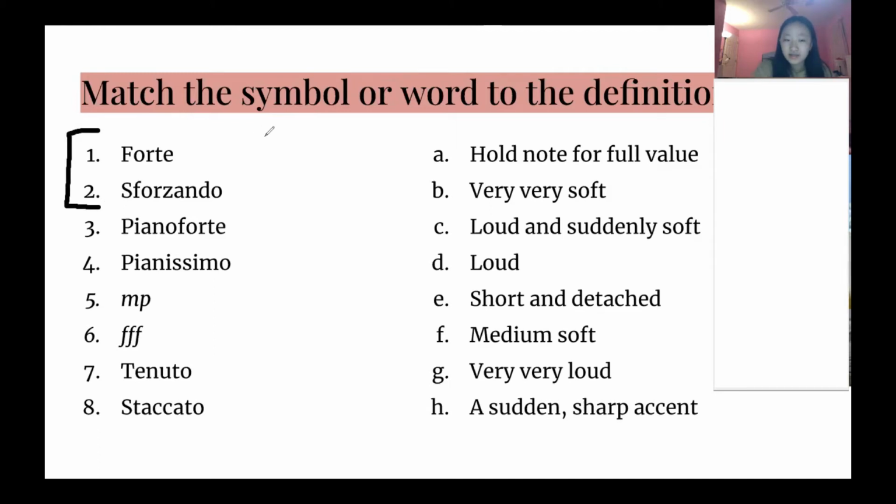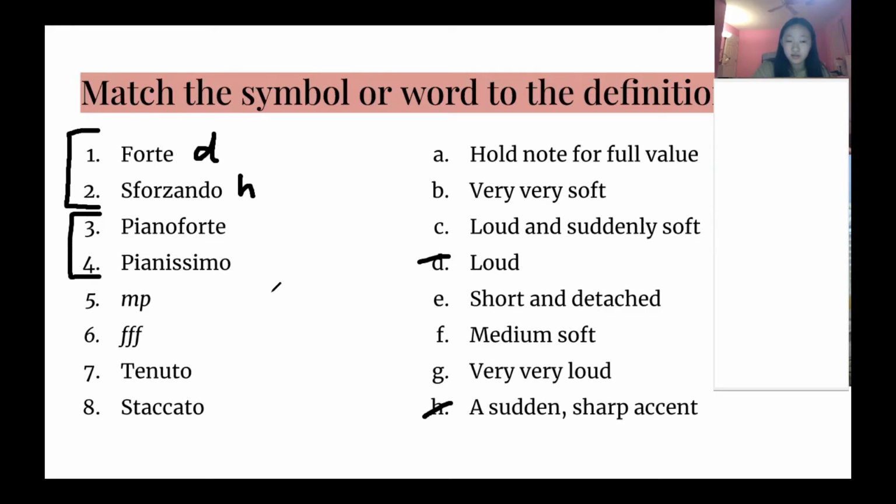So the first one is D, and the second one is H. Very good. And obviously this gets easier as I call on people because you're running out of answers, but it's good practice. So next I'll call on.